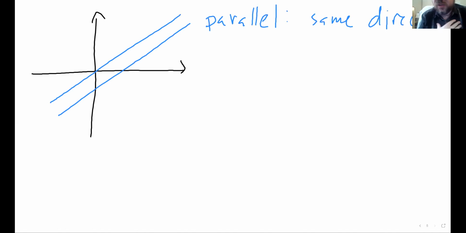For us, the way we define direction for lines is slope. A line's direction is its slope. So that really means same slope. If we know the slope of a line, all the lines that are parallel to it are lines with the same slope.